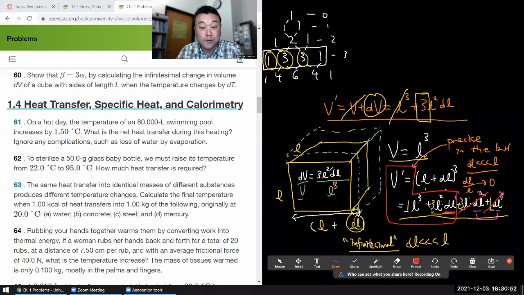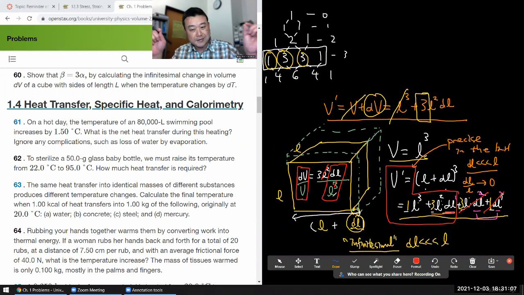Of the three, two of the factors will cancel with this. So now you have this. This is the fractional change in length. This is the fractional change in volume. And there was something relating these through the coefficient of linear expansion. And now you have this factor of 3.